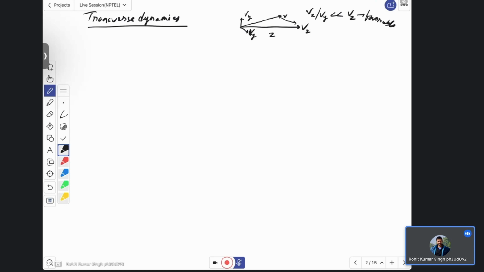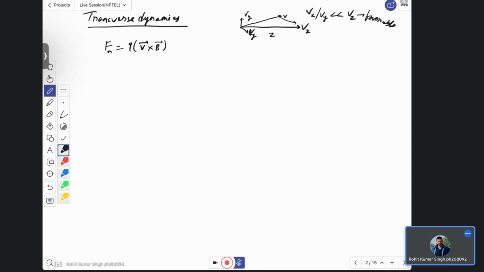To see that, you know that the force due to a magnetic field on a charged particle is given by F equals q v cross B.